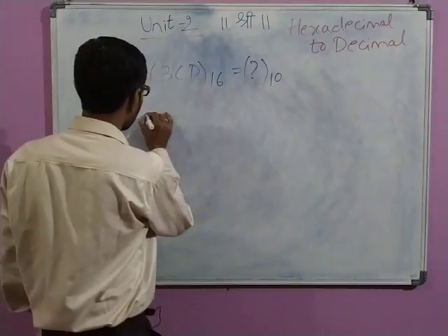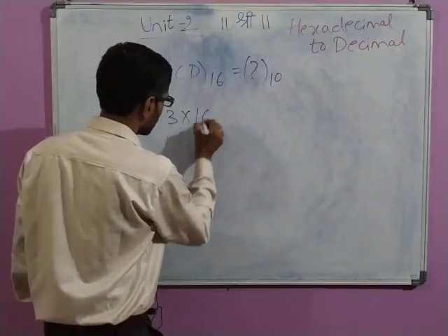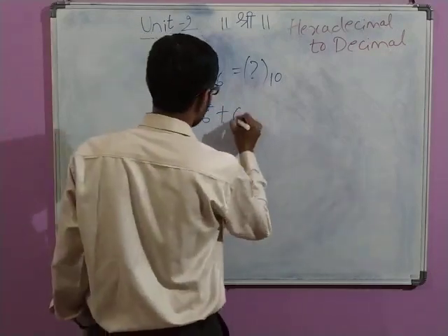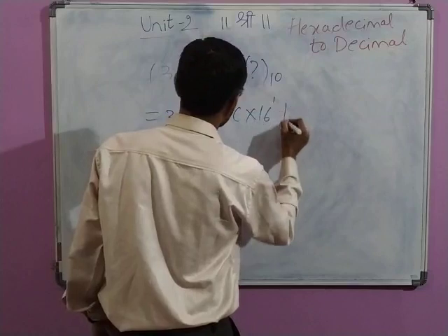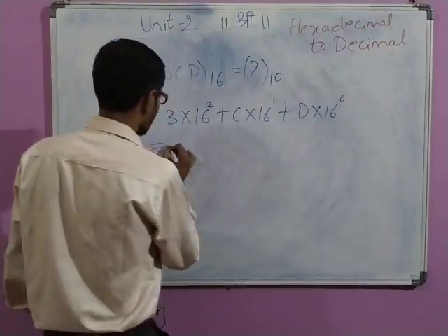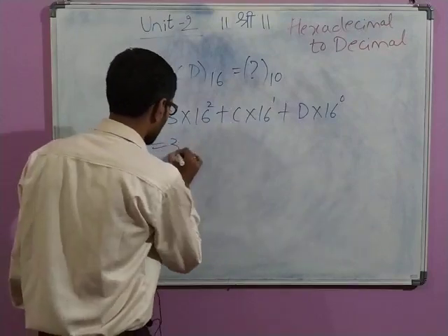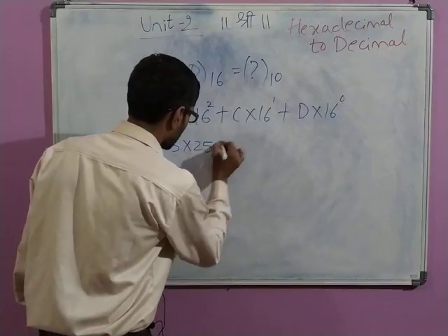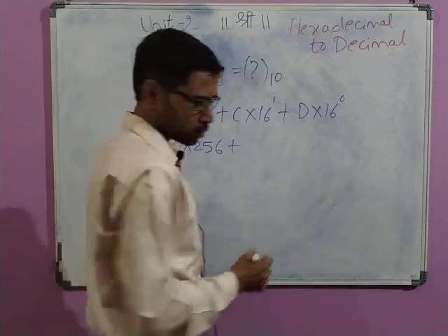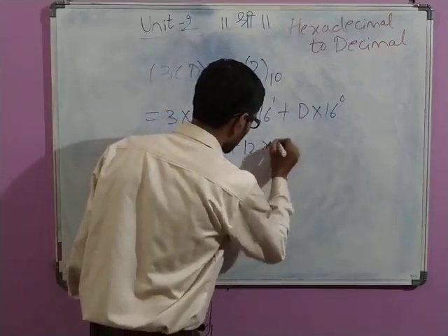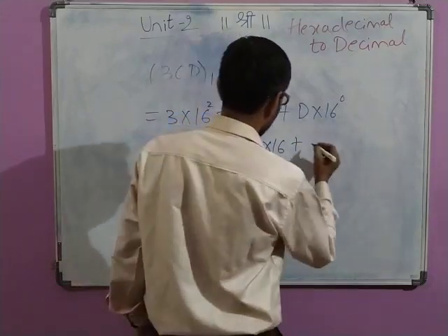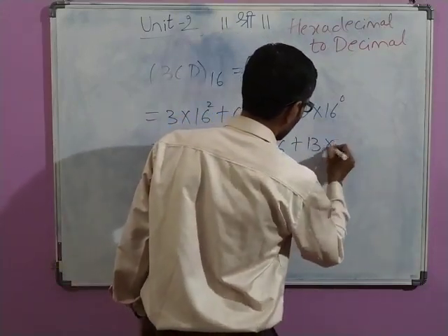So this will be 3 into 16 squared plus C into 16 raised to 1 plus D into 16 raised to 0. So 16 squared is 256, 3 into 256 plus C, C is 12 into 16 plus D, D is 13, 13 into 1.